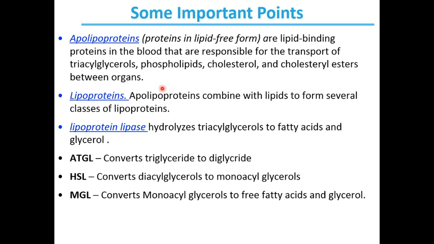The second key player are called lipoproteins, which are formed when apolipoproteins combine with lipids to form several classes of lipoproteins. We have seen this before, but I just wanted to grab your attention to some of these key points.